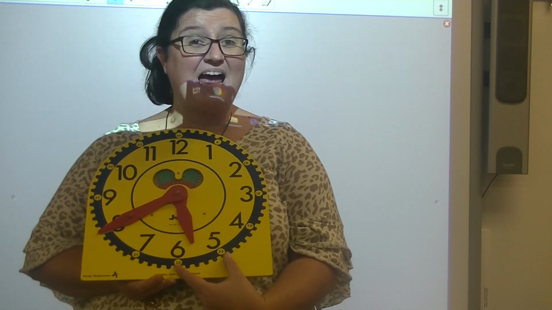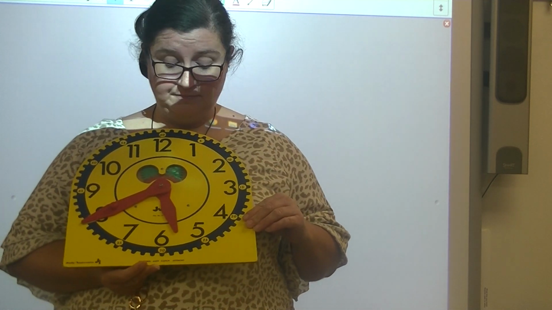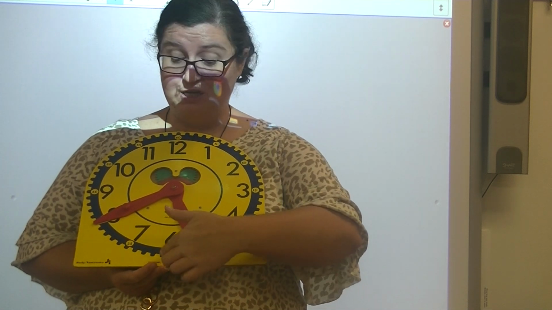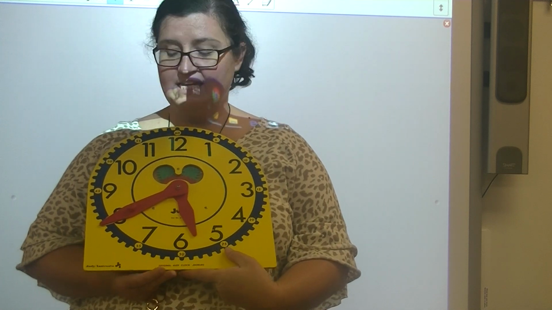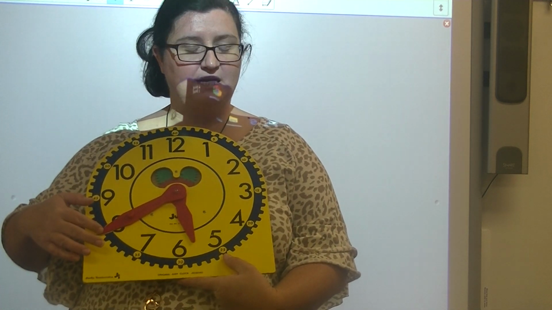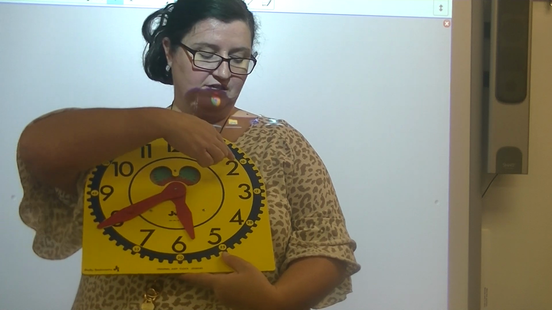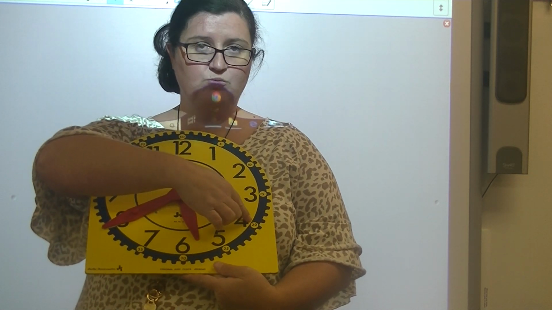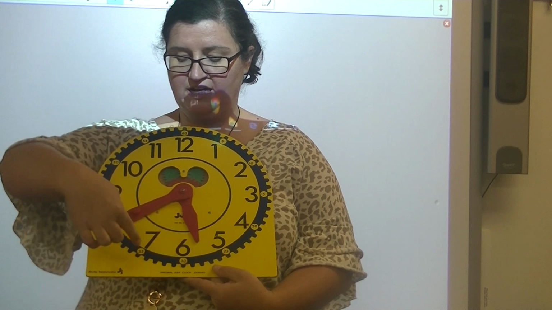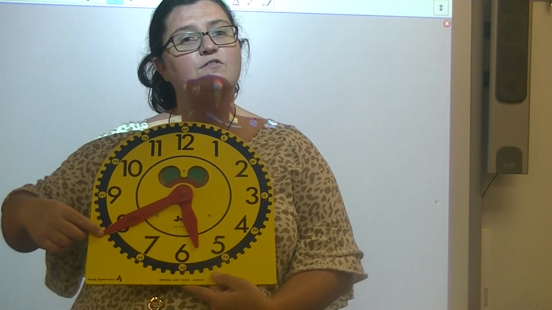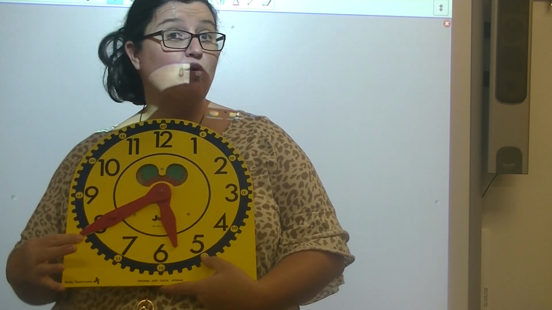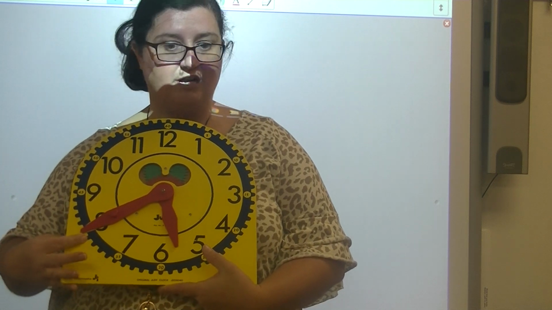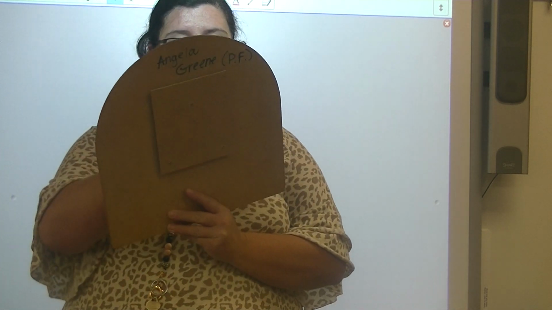Which number has my hour hand passed? It has passed the 5, but not the 6 yet. So it is 5 something. All right, let's count by 5s and figure out how many minutes. 5, 10, 15, 20, 25, 30, 35, 40. So it is 5:40. 5:40 on my clock.